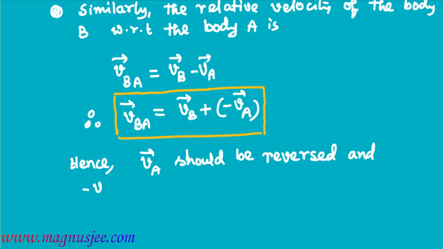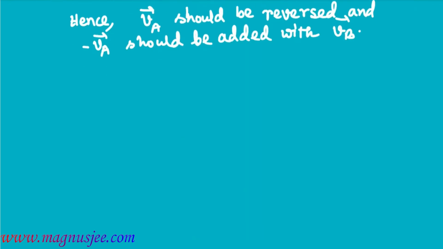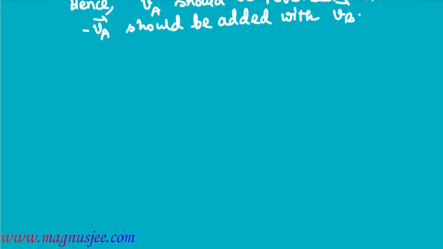Hence, vector VA should be reversed and minus vector VA should be added with vector VB, because we have the expression vector VB minus vector VA, vector VB plus minus vector VA. That's why vector VA should be reversed and added with vector VB.